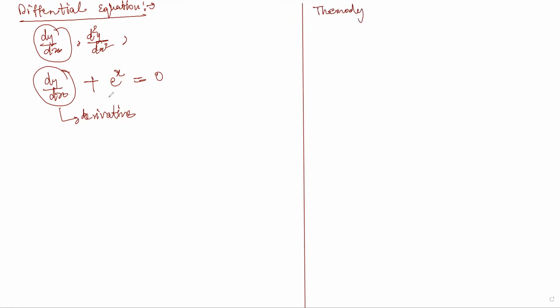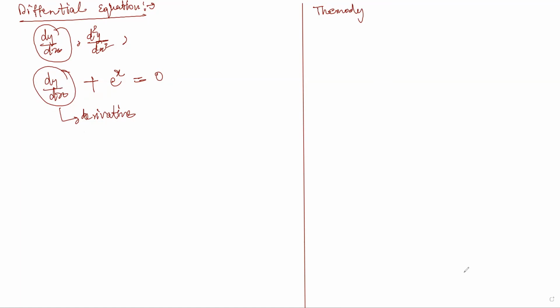So you'll have to solve differential equations. Sometimes you may not know the function, but you know the change in the function with respect to any other function, right? Dy by dx derivative. So you know the change, but you don't know exactly how this function is working. In these cases, you will use differential equations to solve, right?